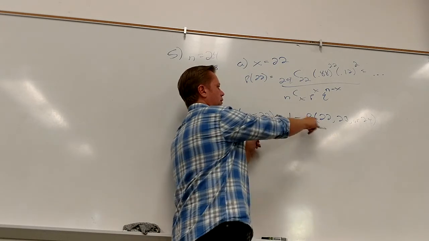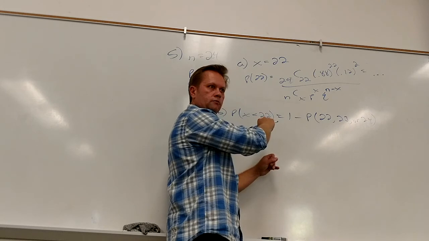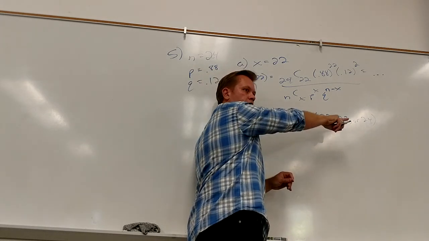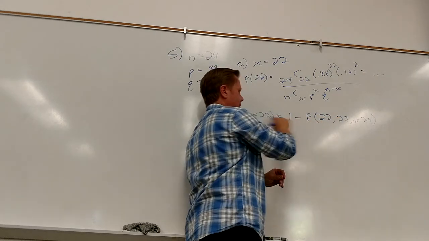Probabilities, opposite probabilities are always 1 minus the other one. So what's the opposite of less than 22? Equal or more than 22. There you go. So 1 minus that is this.